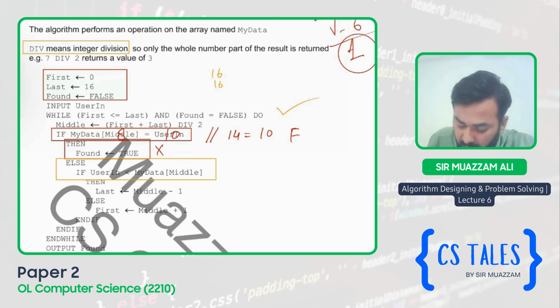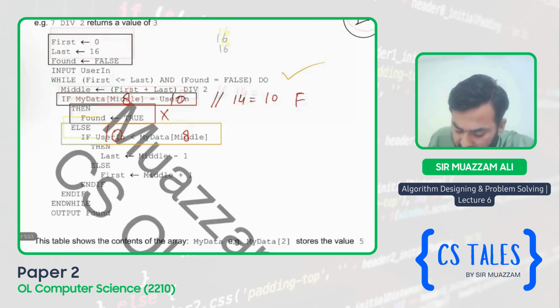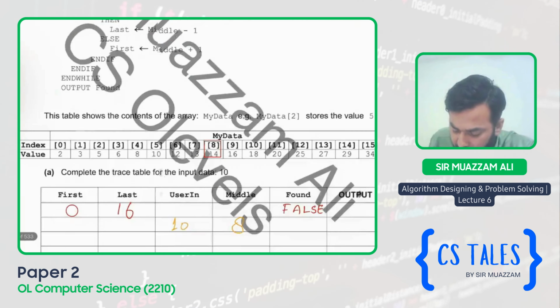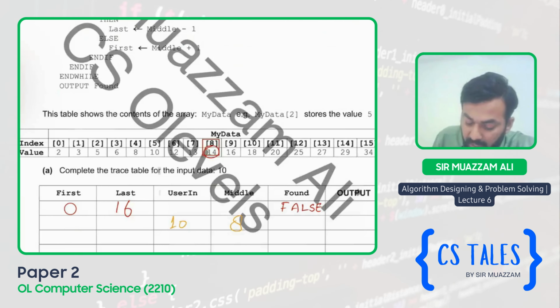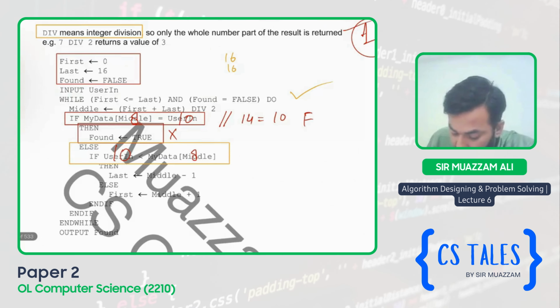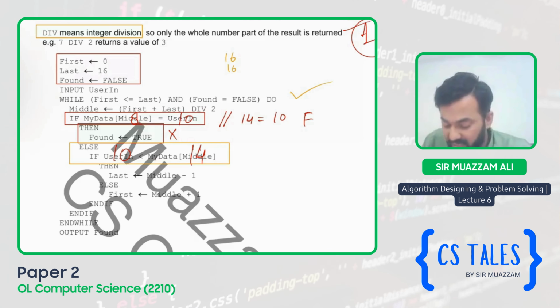What is user in? User in is 10. Check in my data middle 8. What is in my data 8? It is 14. So you write down 14 over here. So 10 less than 14. Yes, condition is true.